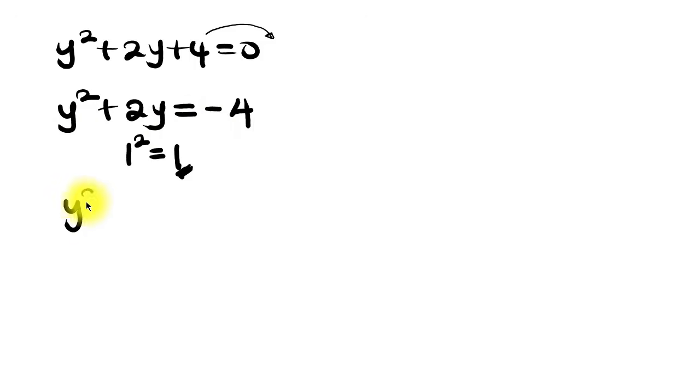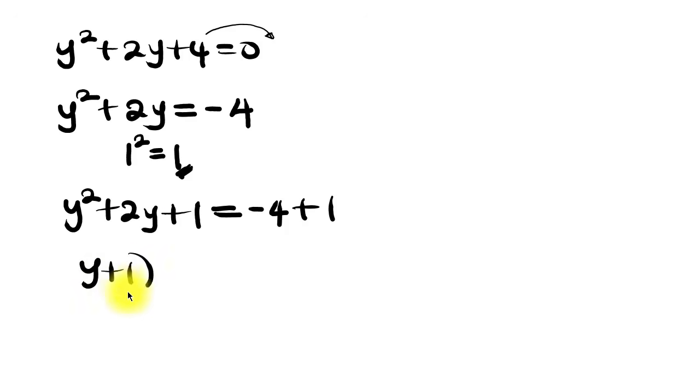So we have y squared plus 2y. I'll add 1. This is equal to, I have negative 4 on the right. I'll also add 1. Very good. Now notice that the left-hand side is now a perfect square, which can be written as y plus 1 all squared. Good.